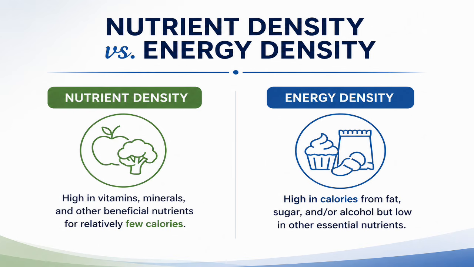But nutrient density is about what nutritional value comes along with the calories in a food. So let's think about a cup of strawberries. You get carbohydrate and calories, but you also get vitamin C, fiber, water, and other compounds. Foods like vegetables, fruits, beans, whole grains, low-fat dairy foods, eggs, and some minimally processed foods can provide substantial amounts of beneficial nutrients relative to their calories.